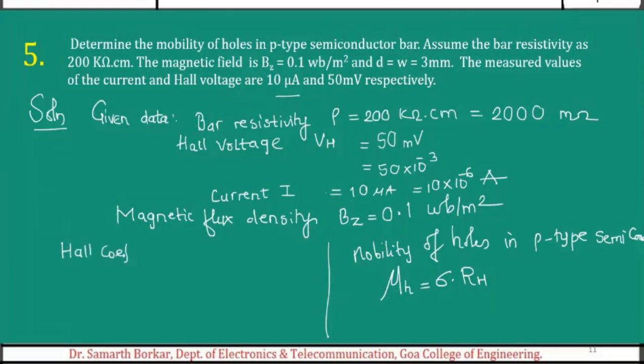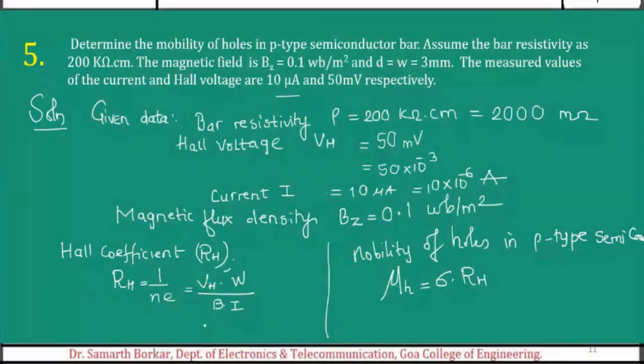So the Hall coefficient is denoted as RH, and this is the formula, or we can write this as Hall voltage times w divided by B I. So if you substitute the values, the next step will be to substitute all these values: 50 into 10 to the power minus 3, 3 into 10 to the power minus 3, 0.1, and 10 into 10 to the power minus 6.